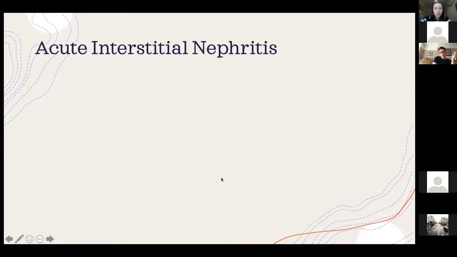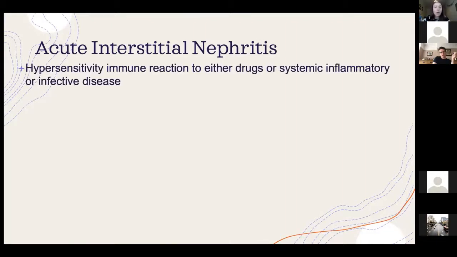So I'm just going to quickly cover acute interstitial nephritis, which Danny touched on in his presentation to do with AKI and CKD as a cause. Acute interstitial nephritis is essentially a hypersensitivity reaction, and it's usually due to either nephrotoxic drugs or a systemic inflammatory process.